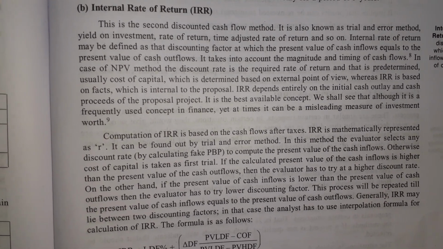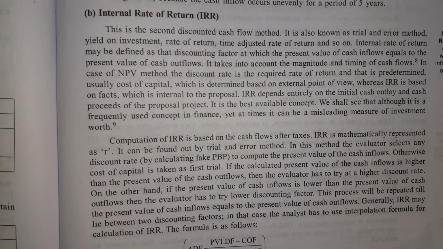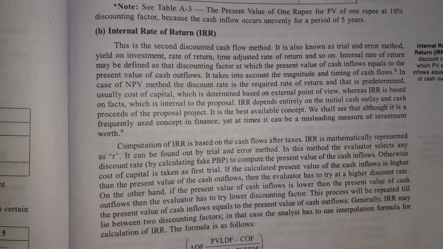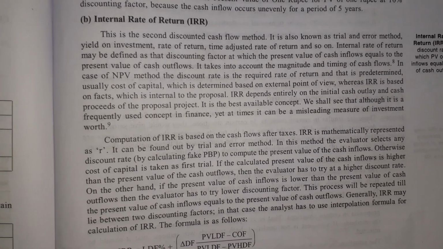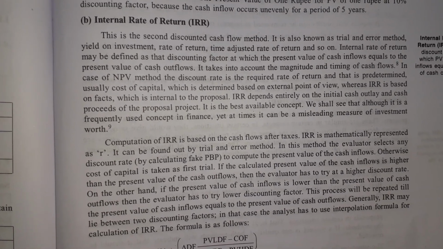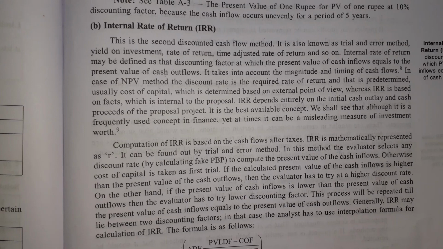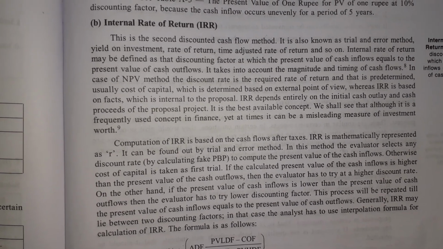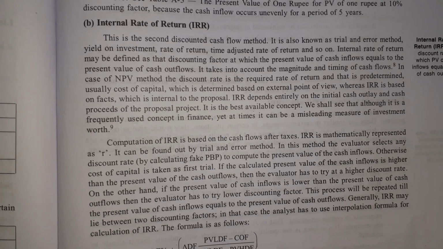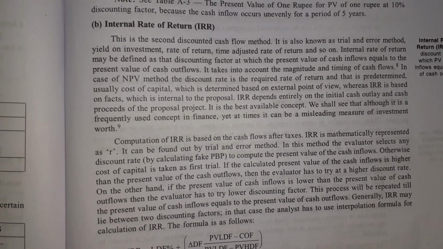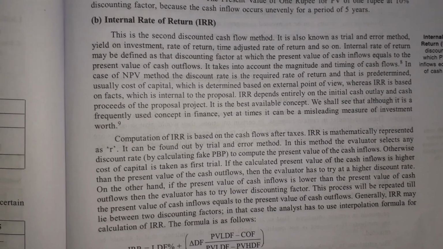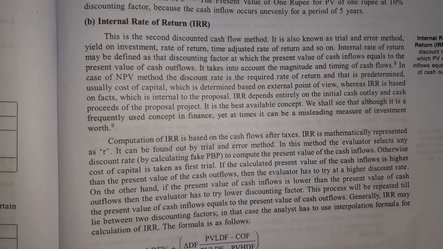First of all, please take down, this is also called the internal rate of return. It is a trial and error method, because we never know how much is the rate of return or how much is the yield on investment that we are going to get. So we call it a trial and error method, yield on investment method, rate of return method, time adjusted rate of return method, and so on.